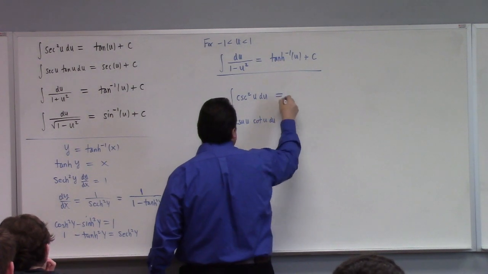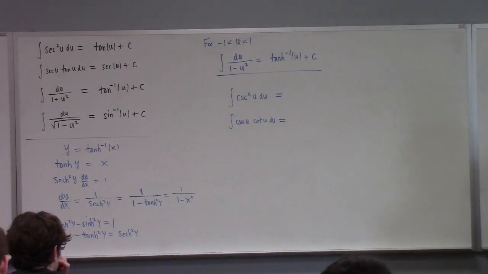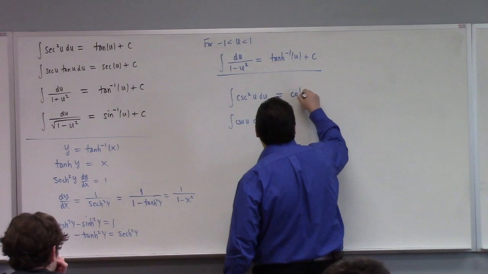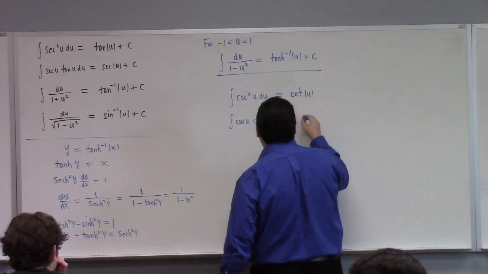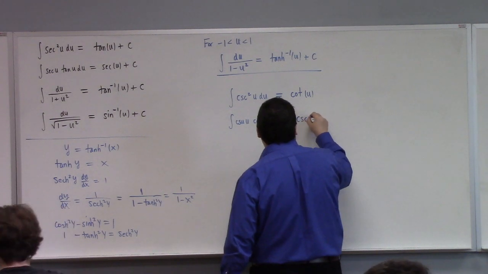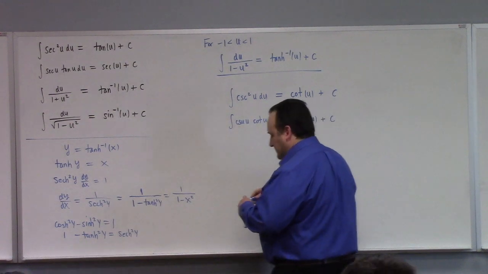What would those be equal to? Cotangent? All right, somebody check him on that. Let's check ourselves on this. And I believe maybe this should be cosecant u. But are we right? Let's check it out.